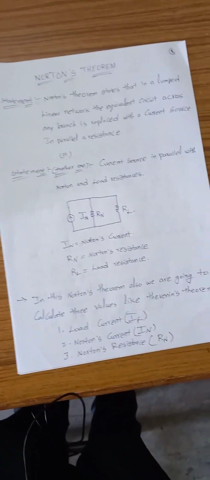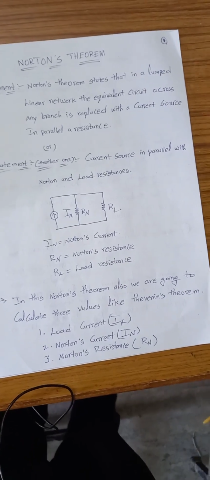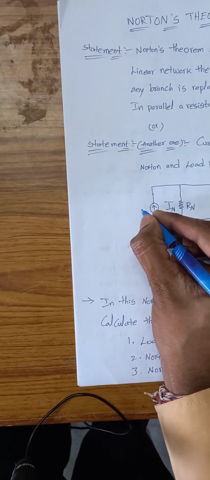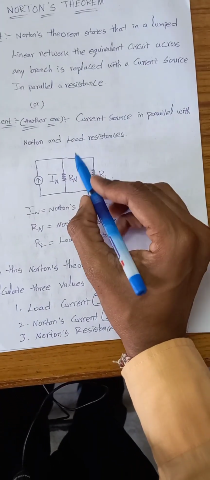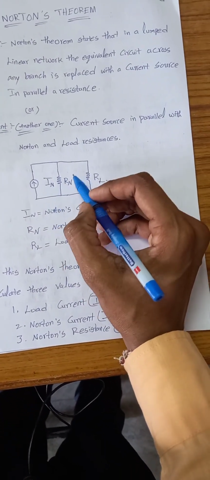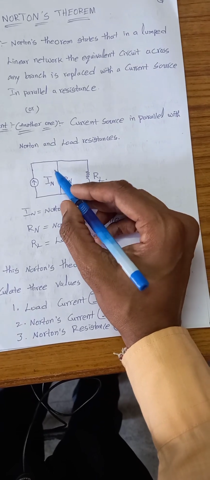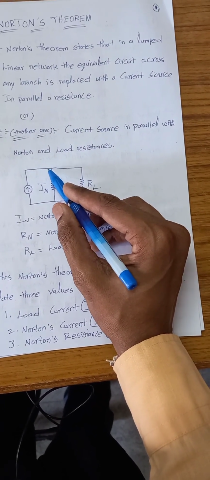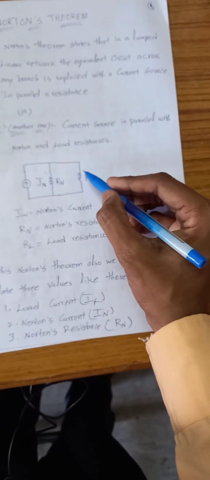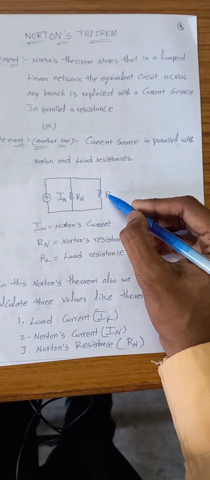So what is the major difference between that one and this one? In Thevenin's theorem we are taking a voltage source, here we are going to take a current source. In Thevenin's theorem we take a series resistance, the Thevenin's series resistance, and the load resistance is also in series.